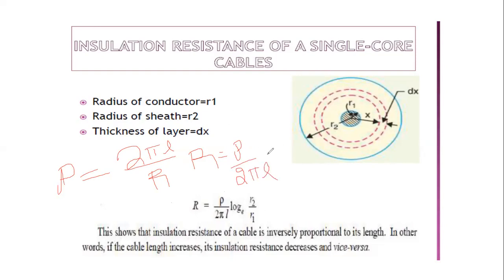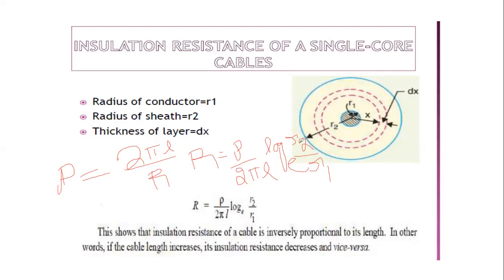Then we apply the log, so it can be written as log e R2 by R1, where R2 is the radius of the insulation sheath and R1 is the radius of the conductor. Rho means the specific resistance, and L is the length of the conductor.